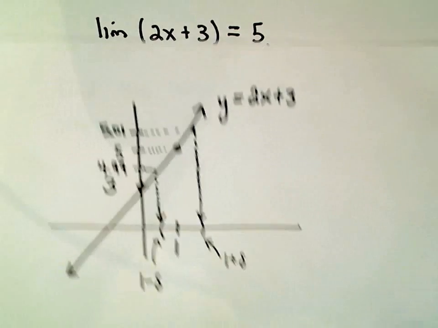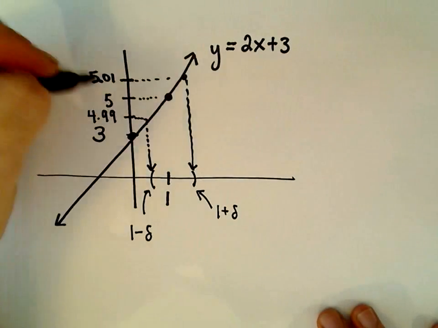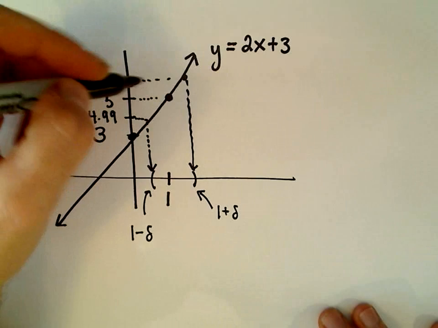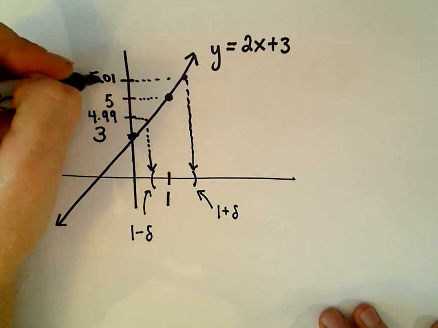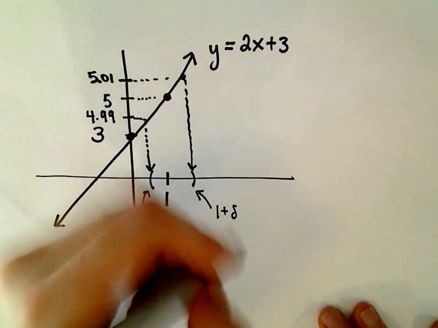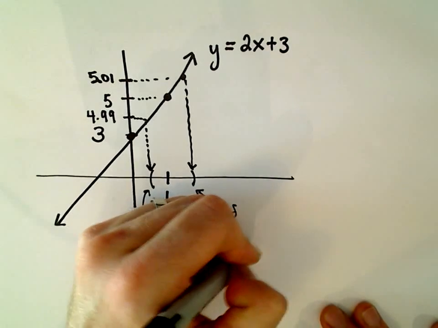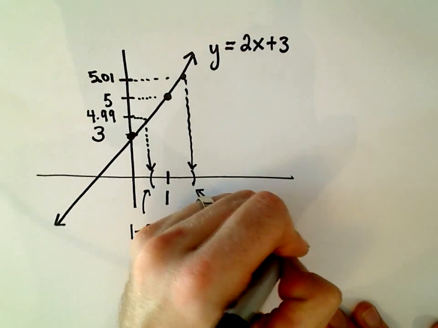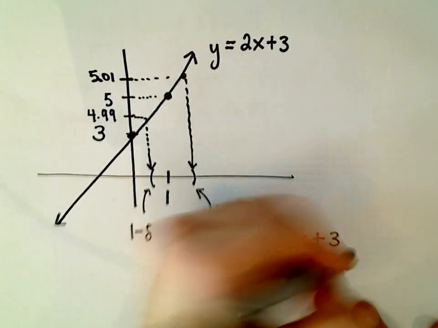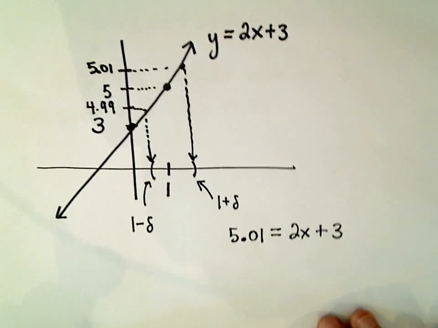Since this is a nice linear equation, I'm just going to solve. For the y value 5.01, I'm going to figure out what x-coordinate would give me that y value.